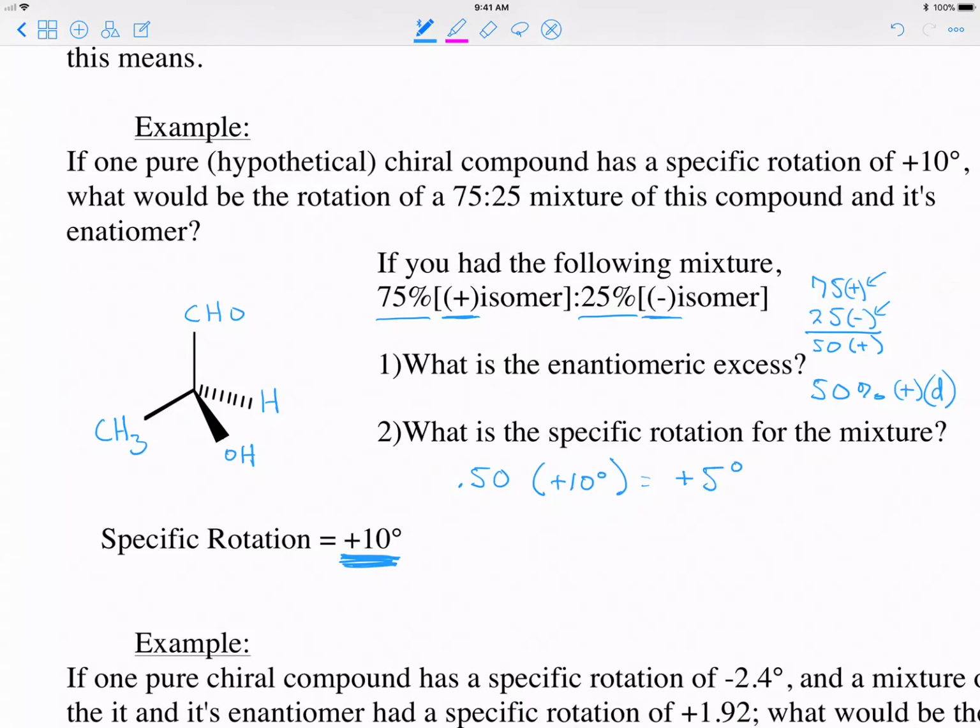They're saying dextrorotatory is the plus and the negative sign is the levorotatory. So, a 75-25 mixture of 75% of this dextrorotatory compound and 25% of the levorotatory compound would have a 50% enantiomeric excess of the dextrorotatory compound, and it would rotate light plus 5 degrees in this example.